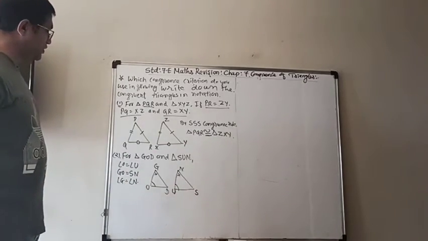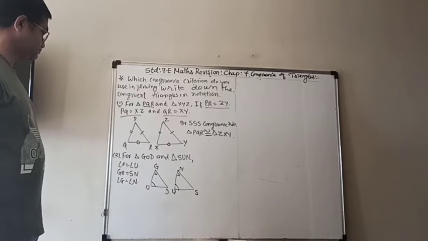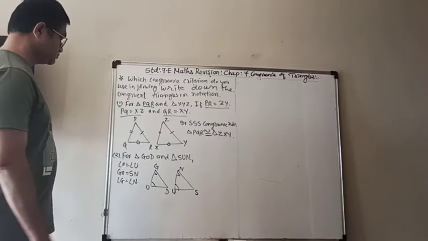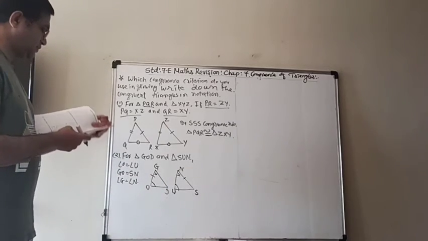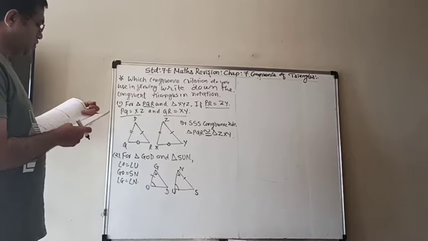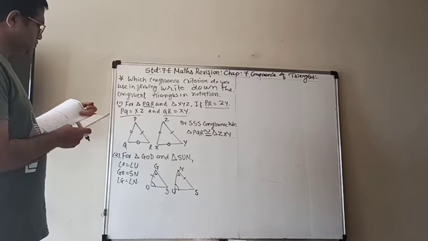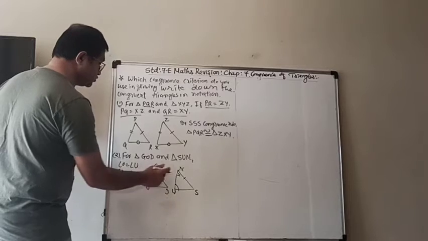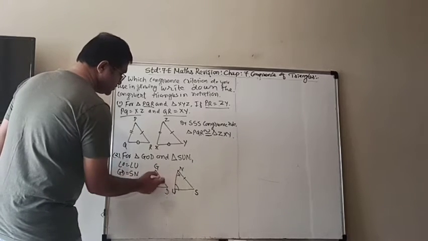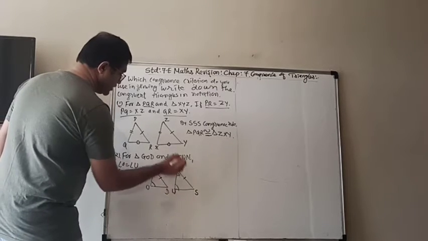So now GD is equal to SN. Okay, my mistake here, GD is equal to SN.